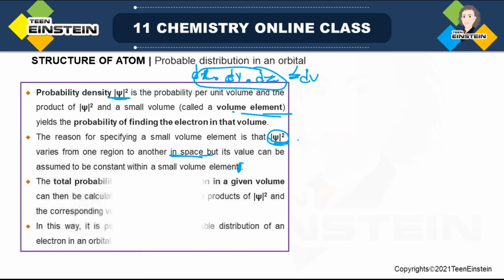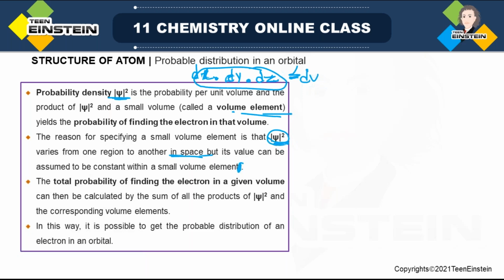The total probability of finding the electron in a given volume, suppose the given volume is large, how will we get it? You know the probability of finding the electron in a small volume, but how will we get the total probability? Suppose you have chi square dv1, chi square dv2, chi square dv3.